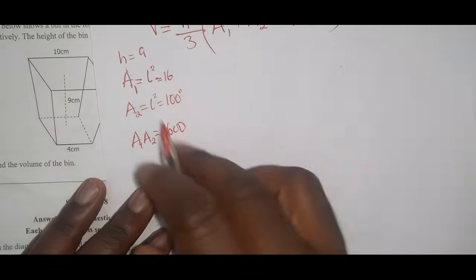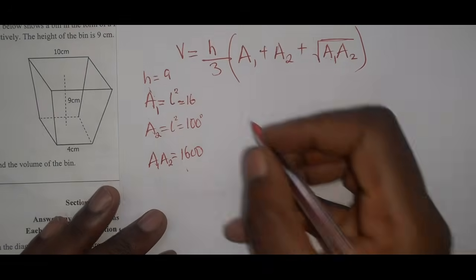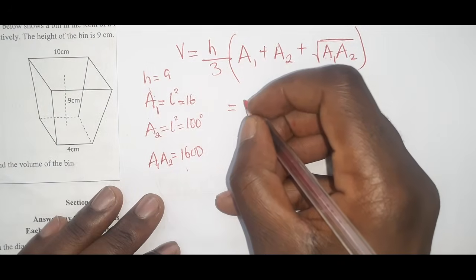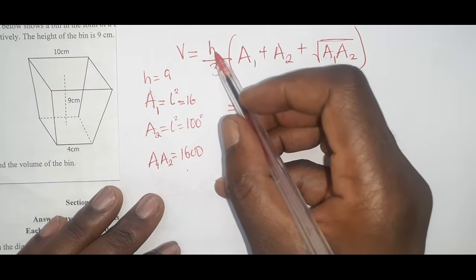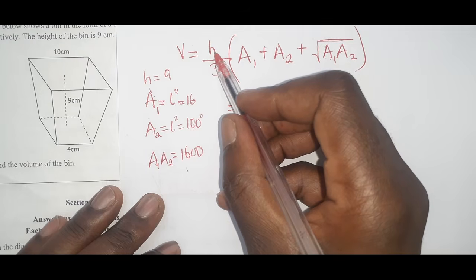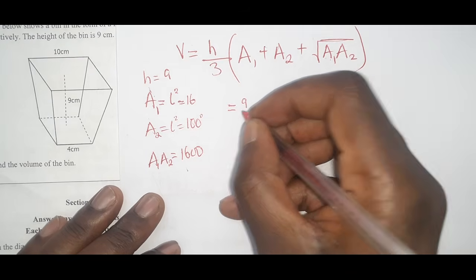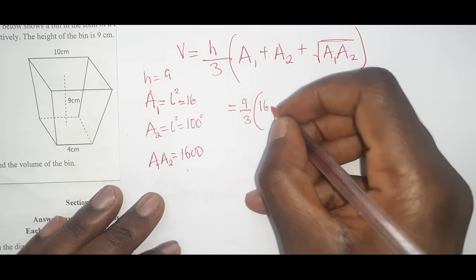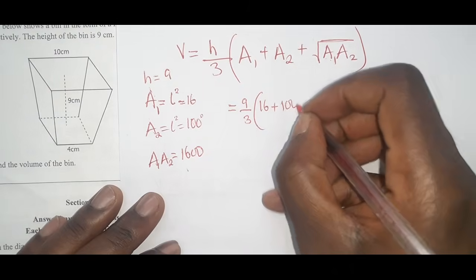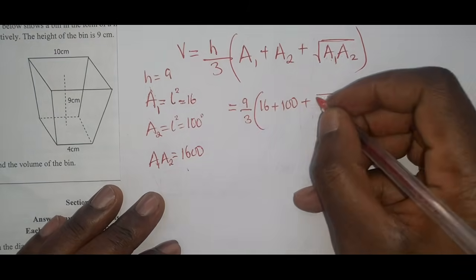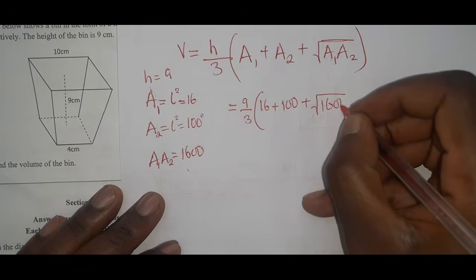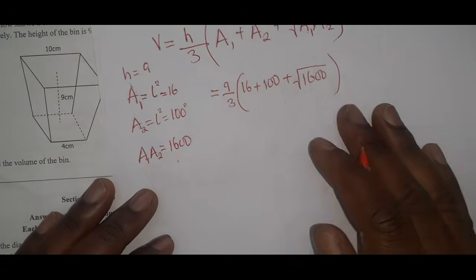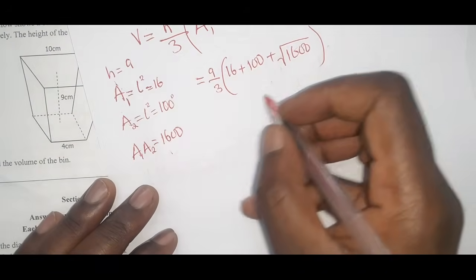Then after you have done this, you just bring these values in the formula. Here we have what? 9 over 3, our area 1 is 16 plus our area 2 which is 100 plus here what do we get? Remember we multiplied them in advance.